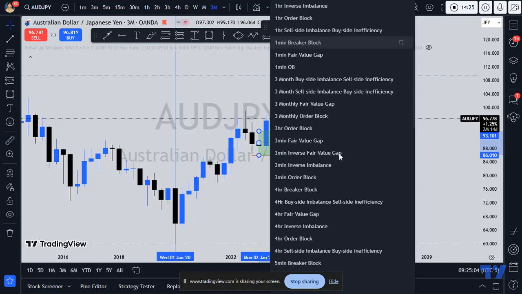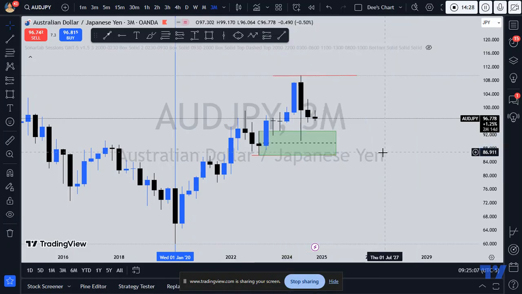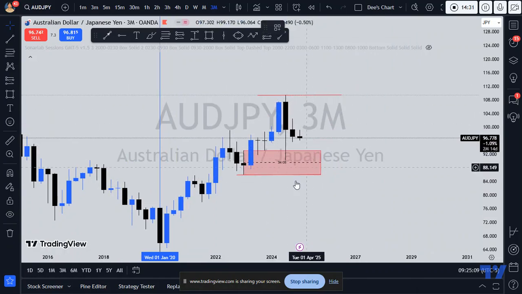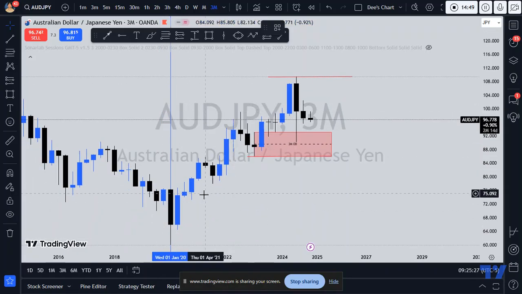So when you have this 3 monthly order block and you have your current trading range, this is our higher high, higher low, higher high, higher low, higher high, higher low, and price cannot break below this area or this recent lower high, because according to the market type, which is a bullish or bias market, we are expecting price to then create a new higher high because we have pulled into this area, we've retested this order block, and we should be looking for price to then start to reverse.